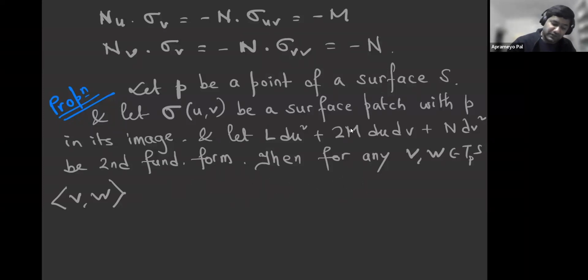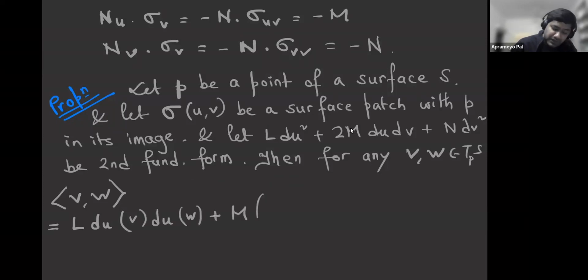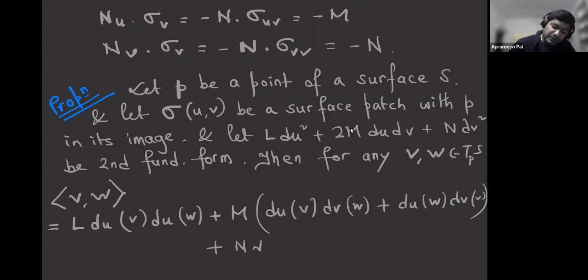The inner product is equal to L du(v) du(w) plus M [du(v) dv(w) plus du(w) dv(v)] plus N dv(v) dv(w).